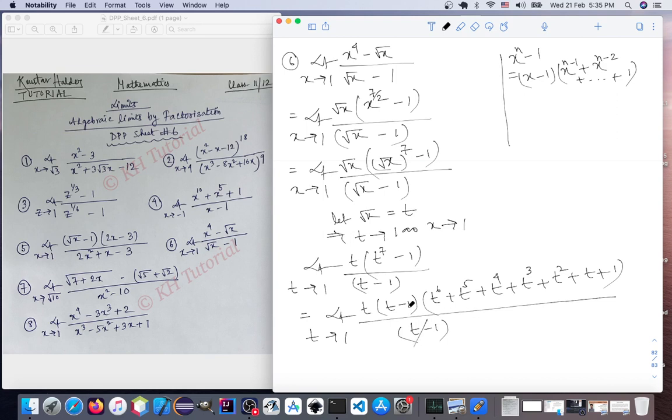Now we can cancel out t minus 1 and we are left with this term. So if we substitute the value of t as 1, we have here 7 terms. So it will be 1 plus 6 ones, so 1 into 7. 7 is the answer.